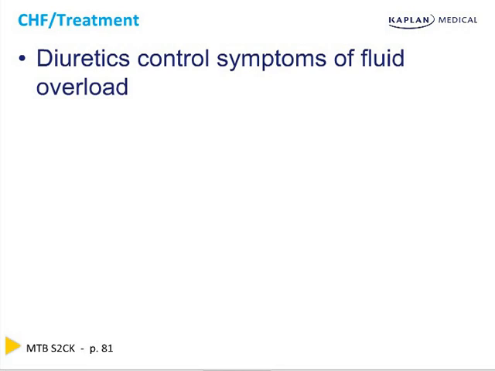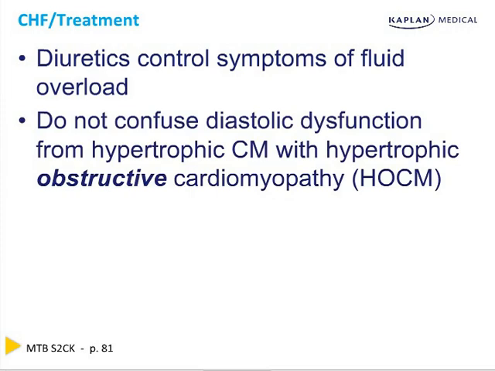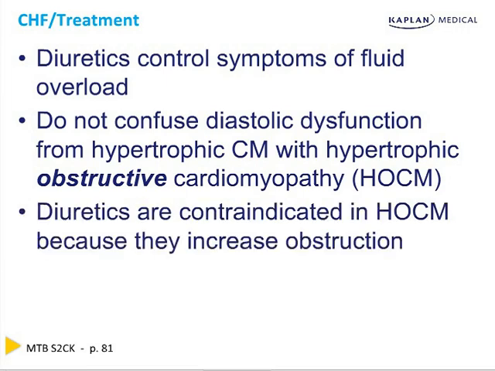But hypertrophic obstructive cardiomyopathy is a very rare entity. Almost all of it's just simple hypertrophic cardiomyopathy, where we can use diuretics to decrease the symptoms of fluid overload. And you don't have to worry about confusing this with hypertrophic obstructive cardiomyopathy, because in that disorder, we don't want to use diuretics, because anything that makes the chamber size smaller would worsen the obstruction.